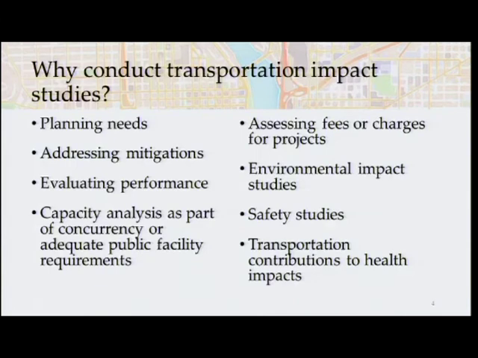You may incorporate a safety study within it to make sure that the additional transportation isn't causing a problem for the access of that site, for example. Some larger developments may have environmental or health impact studies that are attached to them to understand what the other consequences of that development, or maybe benefits of that development.